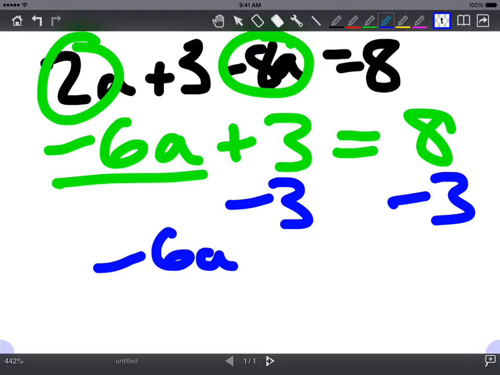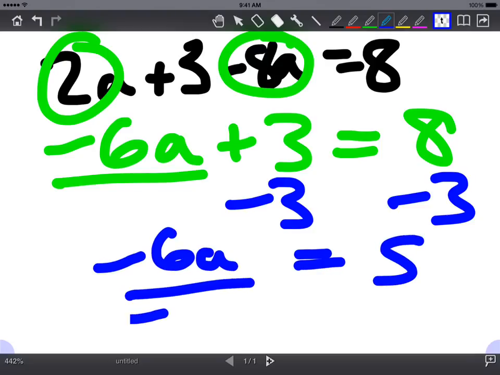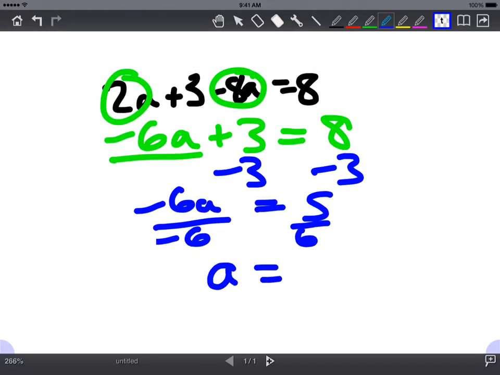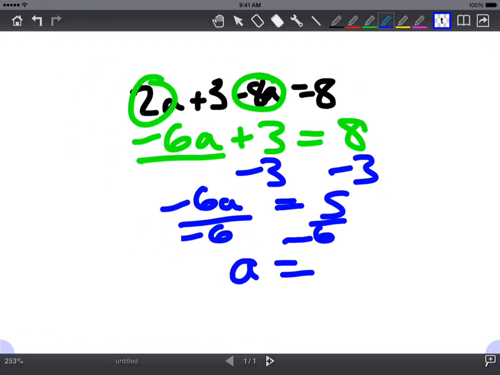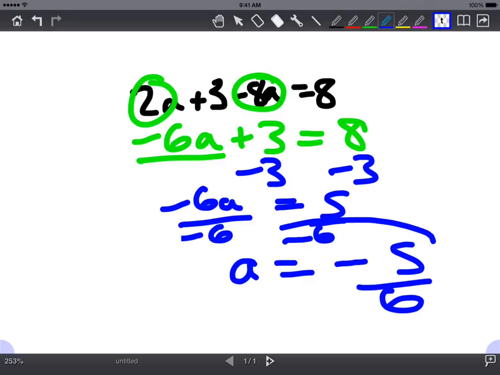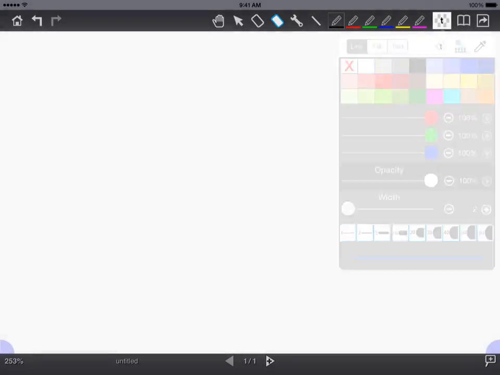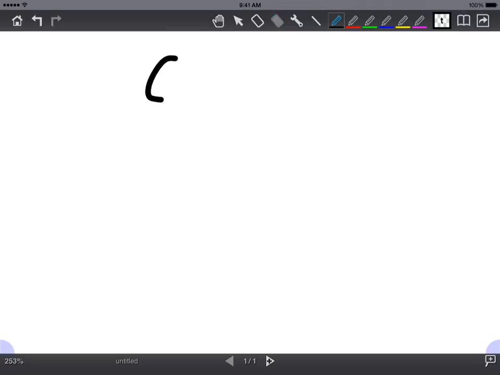We get negative 6a equals 5. Divide by negative 6, and then you get a equals negative 5/6. That was also pretty easy. Remember, if you just stick to what you're supposed to do and you do that thing to both sides, you really are not going to go wrong.